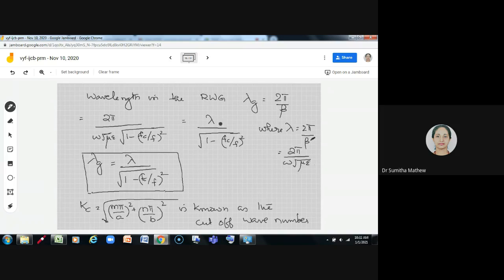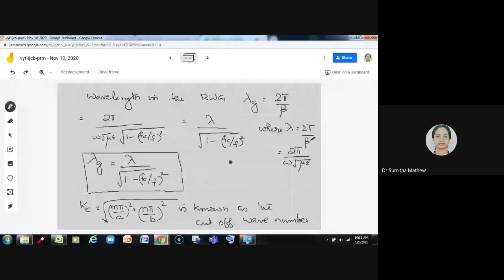Now 2 pi by omega root mu epsilon is 2 pi by beta dash, which we write as lambda. So lambda g is equal to lambda by root of 1 minus (fc by f) whole square.